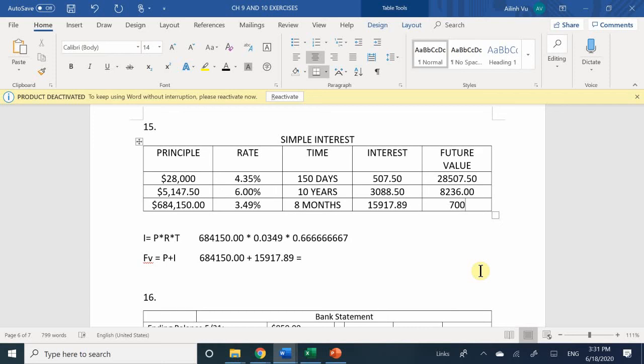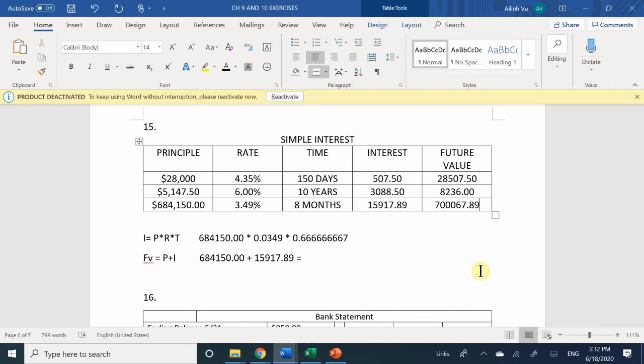Okay, Andrea, I don't know how else to say this, but think about it. If you're at 684, we'll round that to $684,000, and you're adding an additional 16,000. You're already close to 700,000.